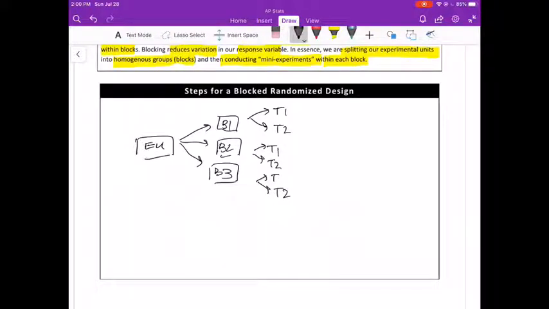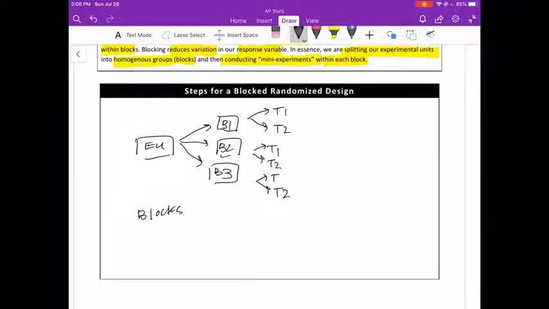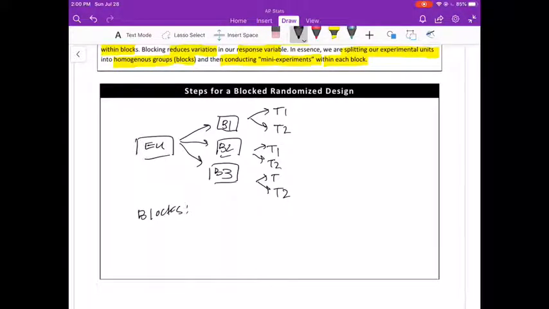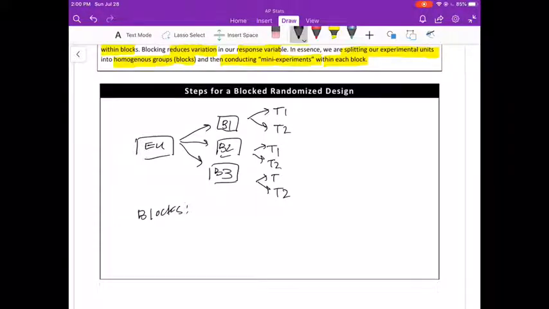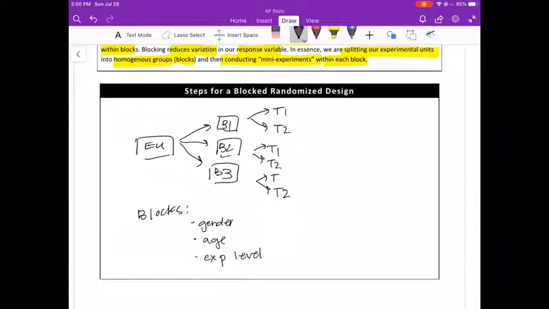And the blocks can be done by different groups, so it can be based on gender, age. If we're talking about work, it can be about experience levels. Okay.